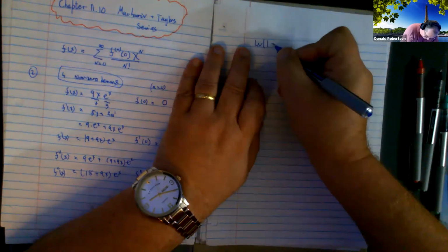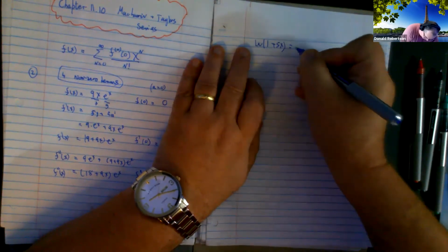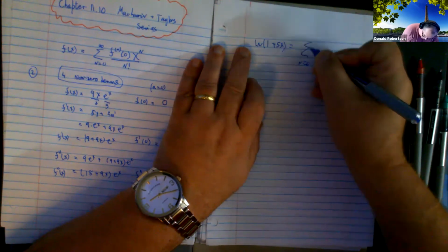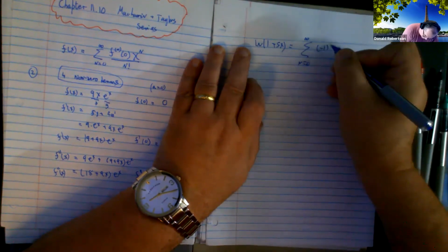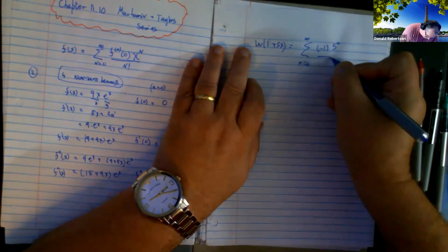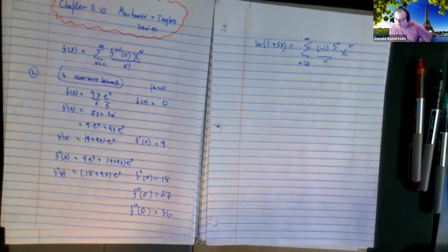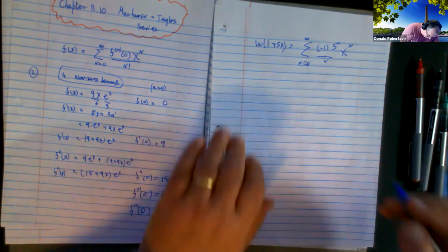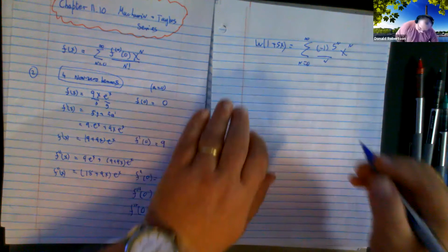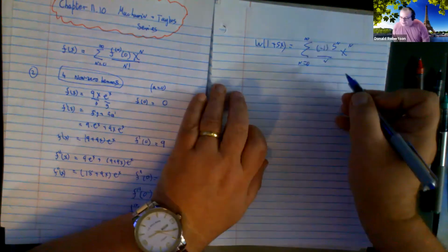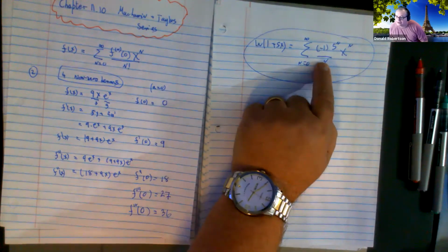This is our function. And they are asking us for the radius of convergence, which is a lot better than the interval of convergence because that takes more time. Now, if you want to find the R value, the big capital R radius of convergence, don't we have to do a ratio test on this?